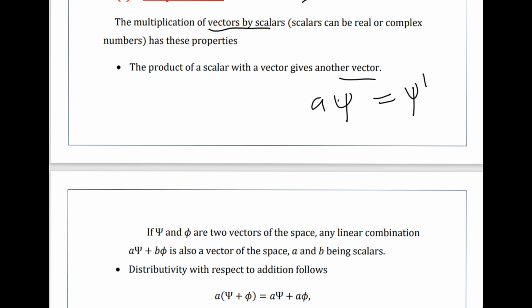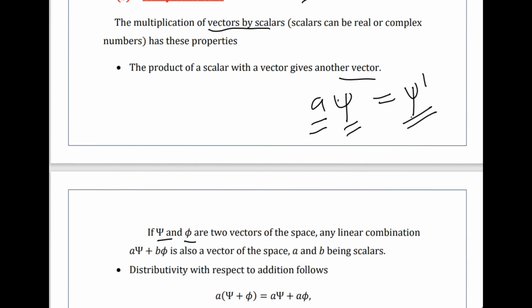It is another vector in the vector space. A is the scalar in vector space and psi is the vector in vector space, and their product is psi dash. It is also a state vector in vector space. If two state vectors psi and phi and two scalars a and b, their linear combination a psi plus b phi is also a vector of the space.